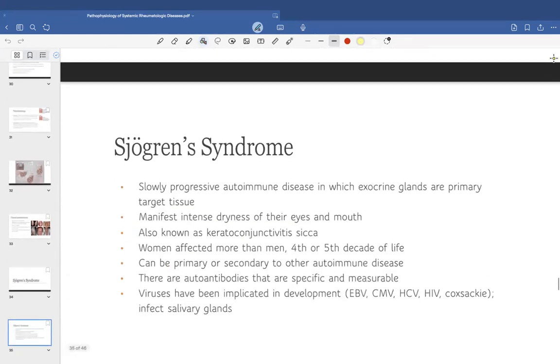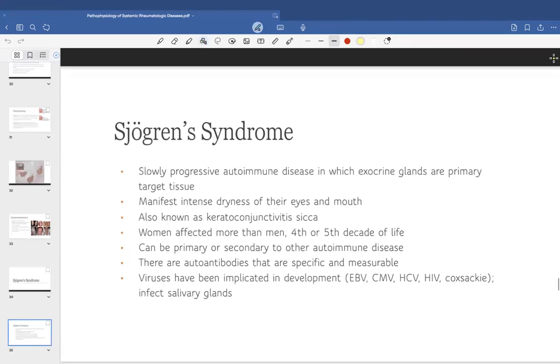All right, Sjogren's syndrome. Another autoimmune disease. In this particular case, it attacks the exocrine glands primarily. So they tend to have dry eyes, dry mouth.